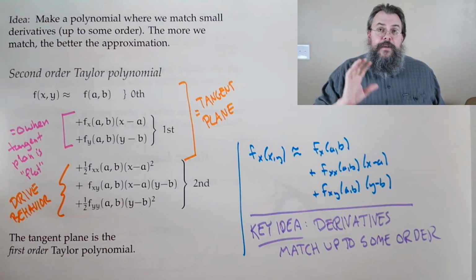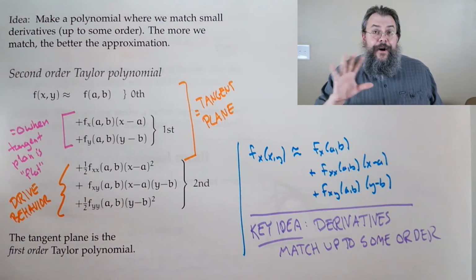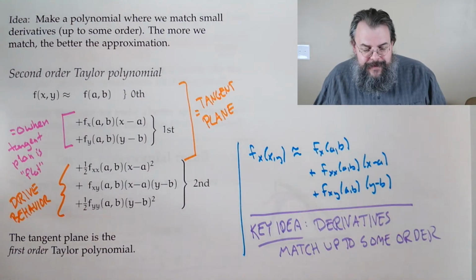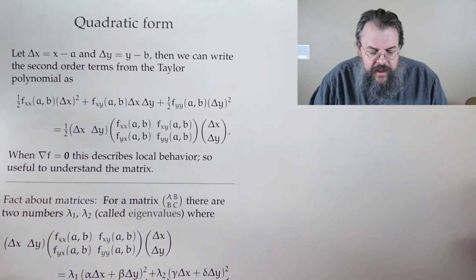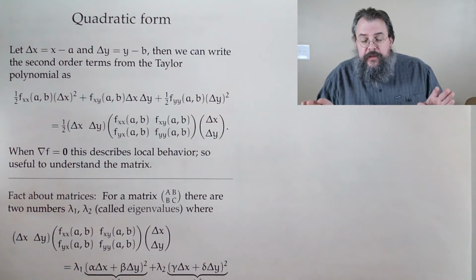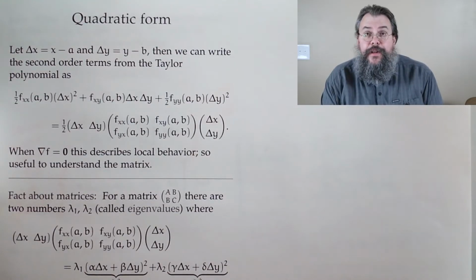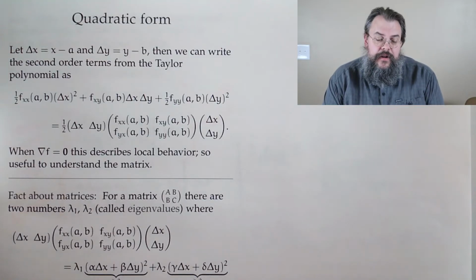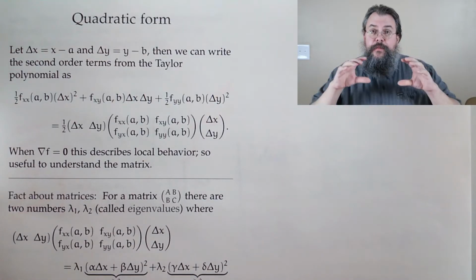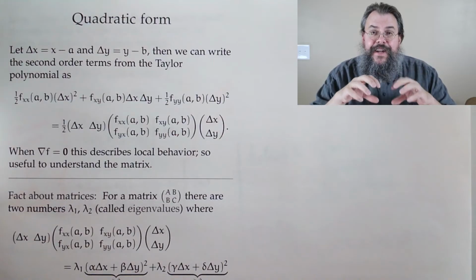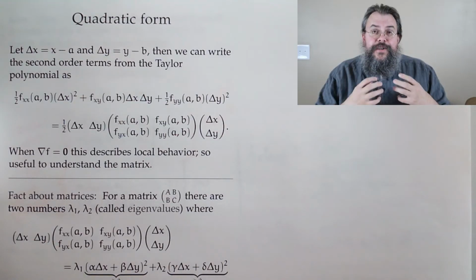So if the next few minutes sounds a little out there, it's okay, just hang on. We'll come back. We're going to talk briefly about something that we call the quadratic form. Quadratic, you should just think of like a second order polynomial. And remember we said we really care about the second derivatives. They're going to tell us what's happening locally.